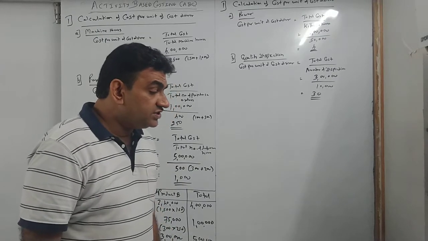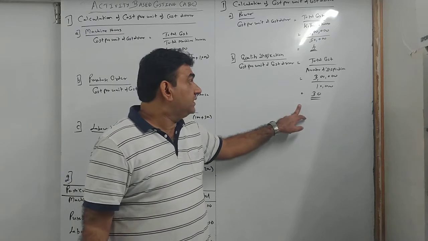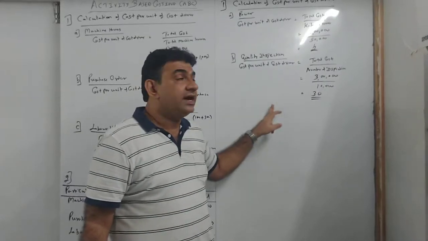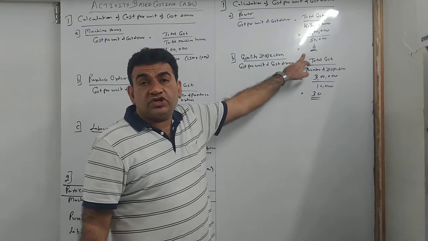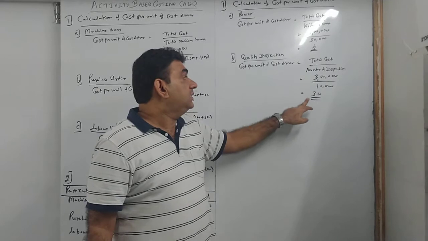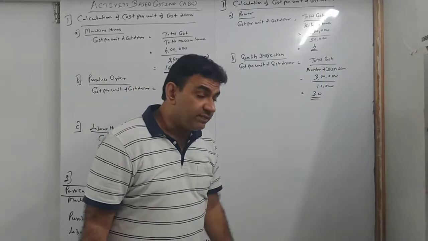So quality inspection का I got 30 rupees and power का I got 4 rupees per kilowatt hour. How do you interpret? Cost of this is 4 rupees per kilowatt hour. This is 30 rupees per number of inspection.